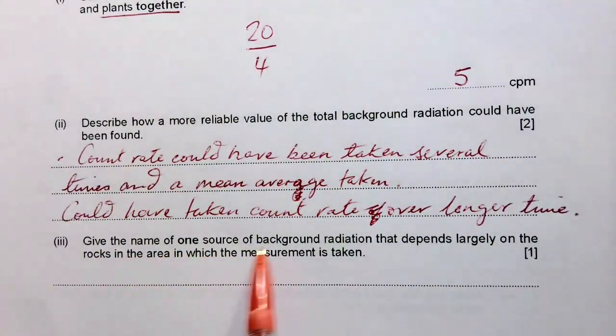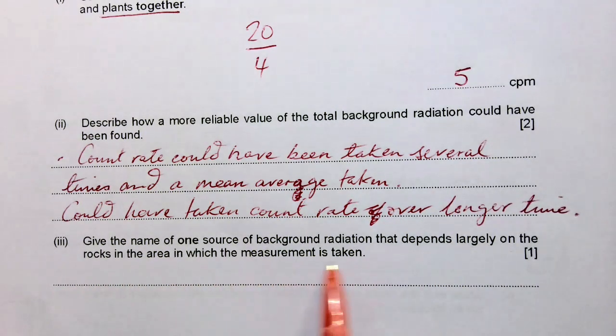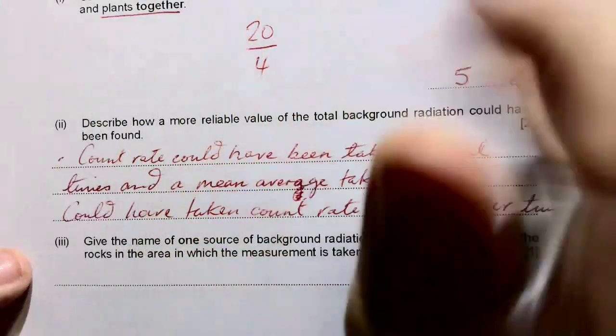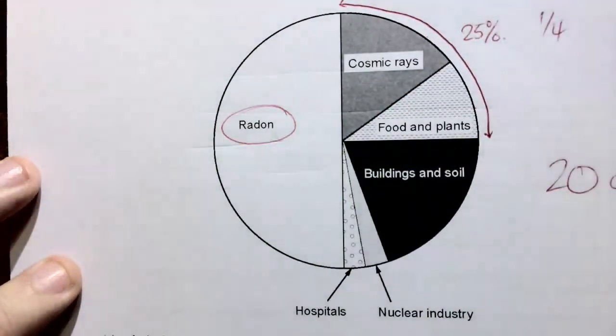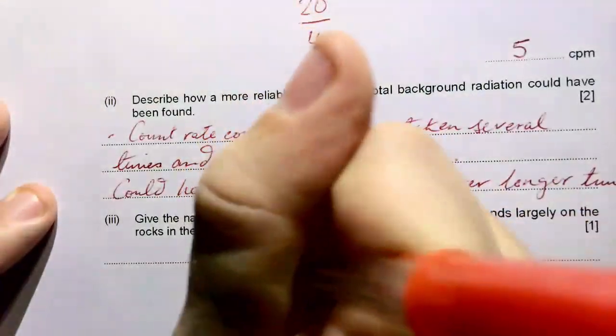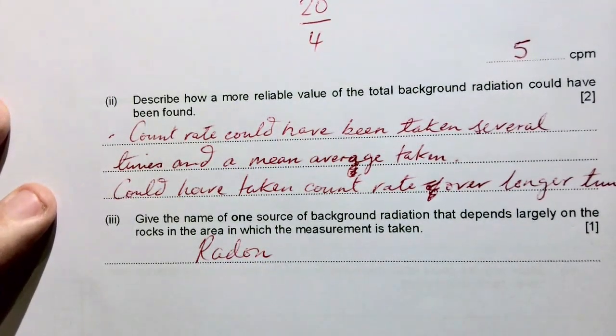Also give the name of one source of background radiation that depends largely on the rocks in the area in which the measurement is taken. So in this case, it's calling on your knowledge of where radon gas comes from. Now, radon gas comes from rocks in the ground, and in particular, granite is a big source of radium, and radium decays into radon.